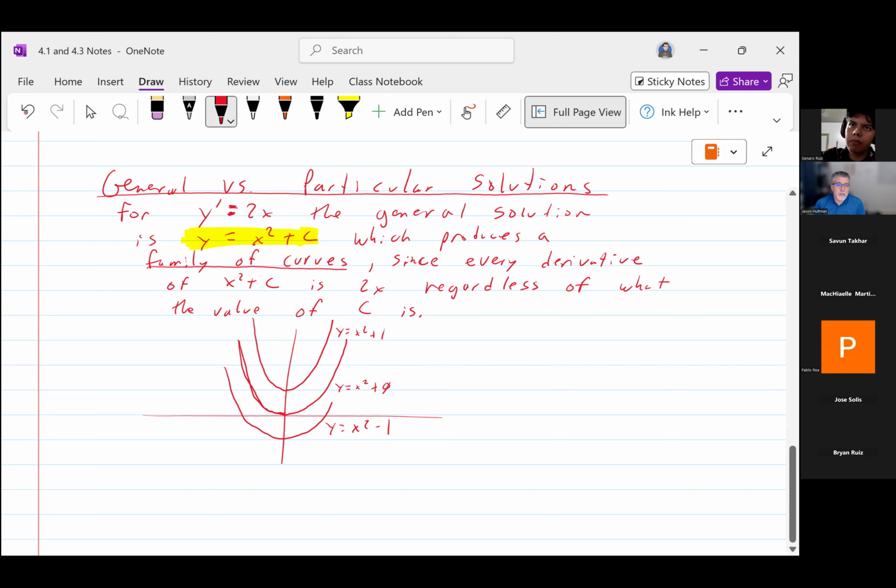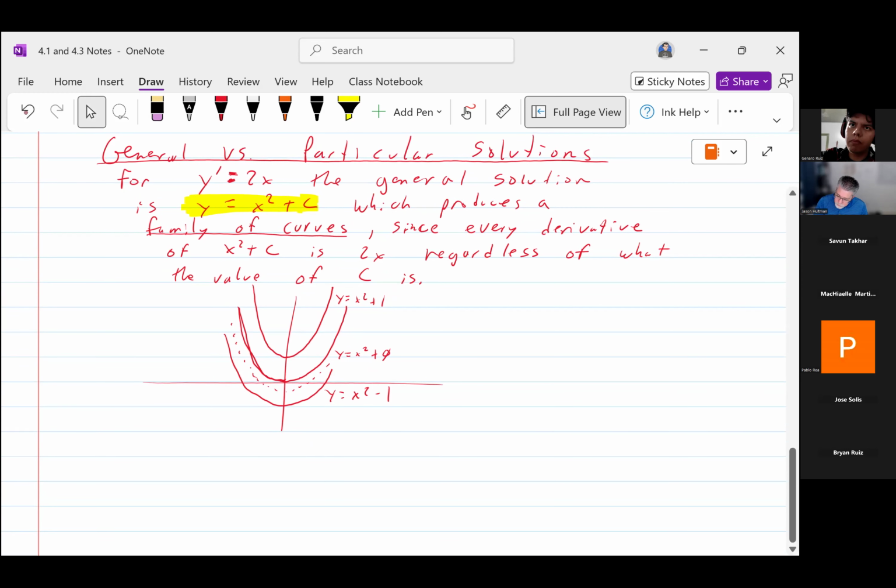One is 0, one is -1, and one is 2. So it gives me a family of curves. I could put in any y-intercept I want, and it would produce this family of curves. That's referred to as the general solution. The general solution produces a family of curves.